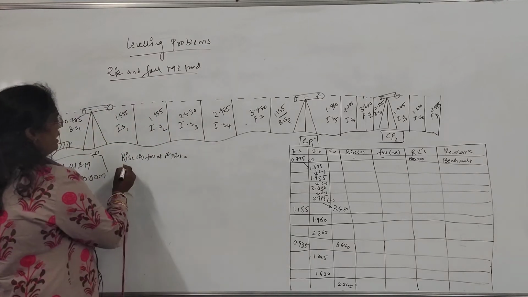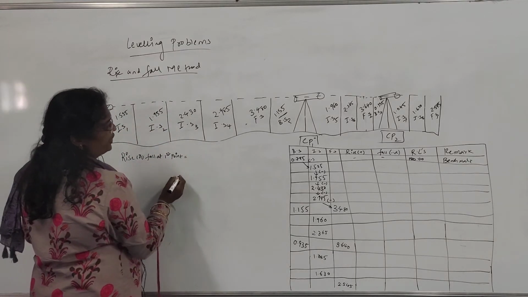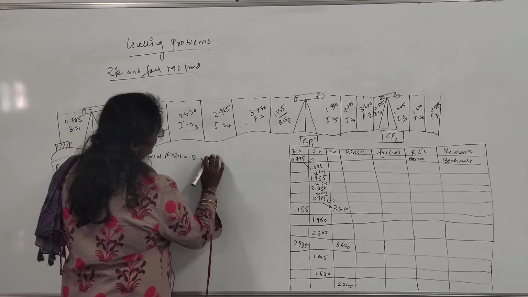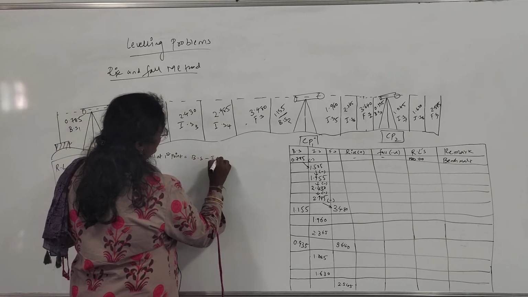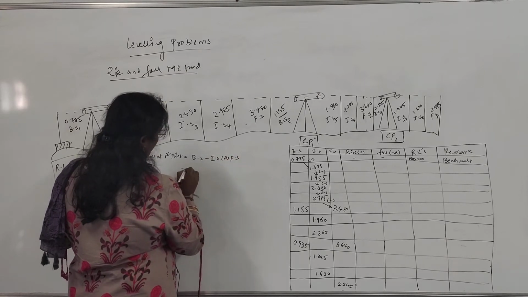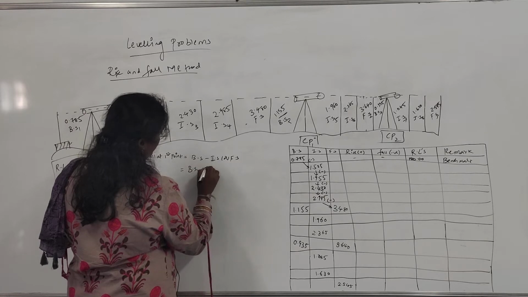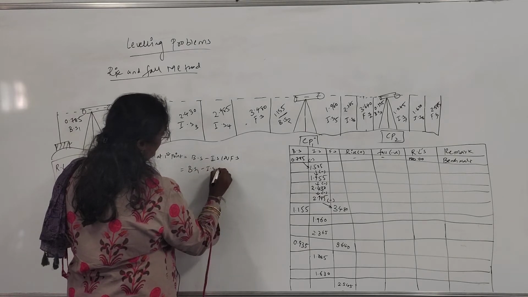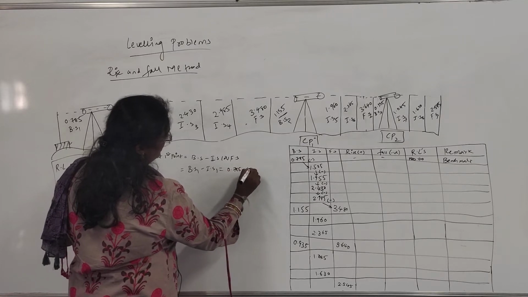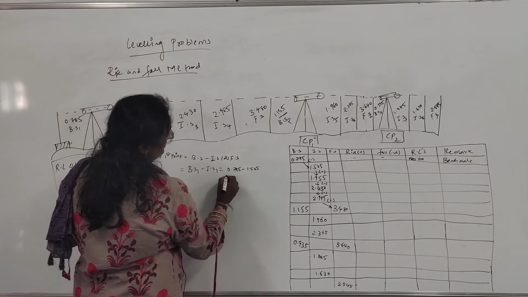See here, for finding the rise or fall at the first point, what will be the formula? Backsight minus intermediate sight or foresight. So here I am taking backsight 1 minus intermediate sight 1. What is the value? 0.785 minus 1.535.